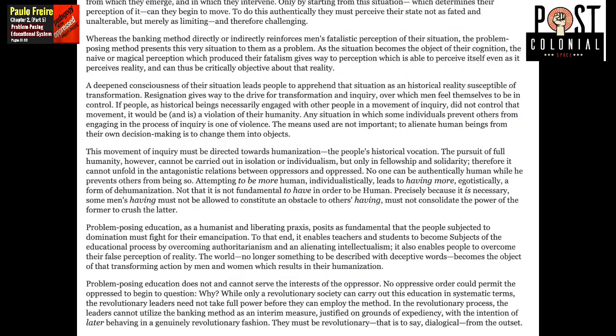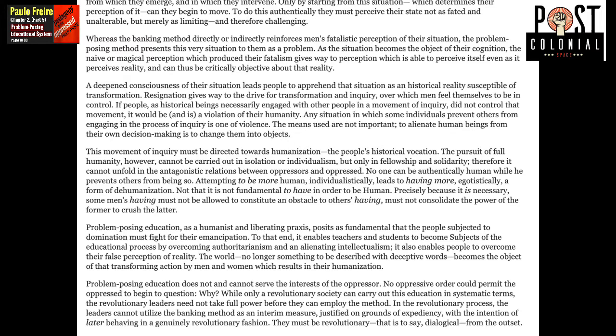Whereas the banking method directly or indirectly reinforces men's fatalistic perception of their situation, the problem-posing method presents this very situation to them as a problem. As the situation becomes the object of their cognition, the naive or magical perception which produced their fatalism gives way to perception which is able to perceive itself even as it perceives reality, and can thus be critically objective about that reality.